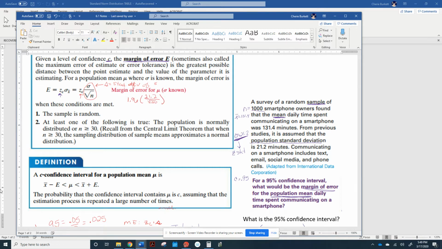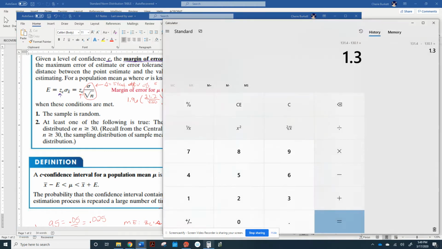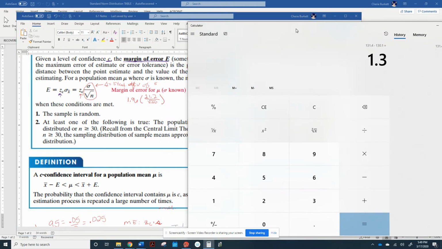Okay, so you do that on a plain old calculator. You do 1.96. Does this thing have parentheses? It doesn't. Times, ooh, I really want to use my other calculator.